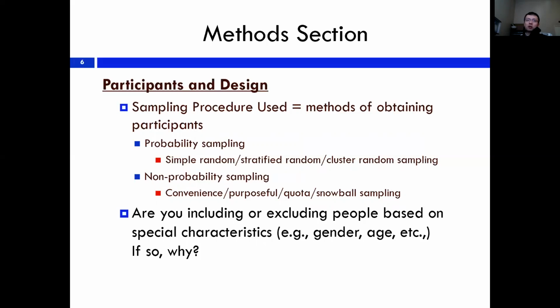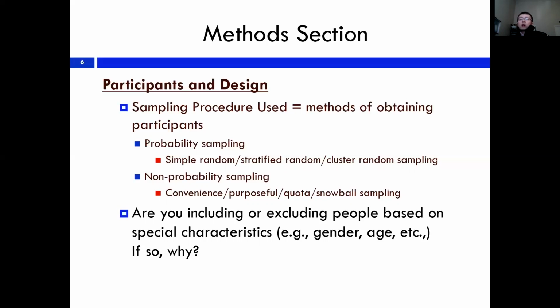So we've got probability and non-probability, right? You can have simple random sampling and stratified sampling. Stratified sampling is going to be very useful if you want to make sure that the samples you study have groups that are representative of the population. Let's say I want to study Cal State LA students.